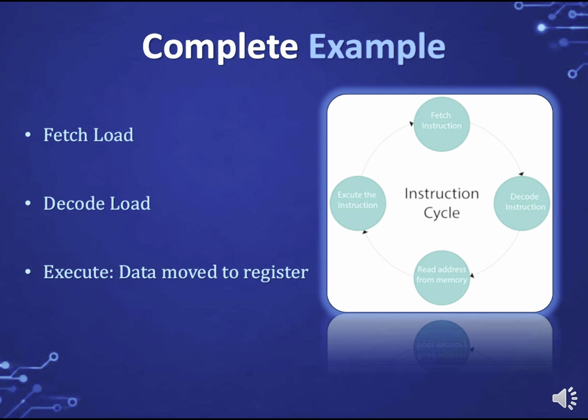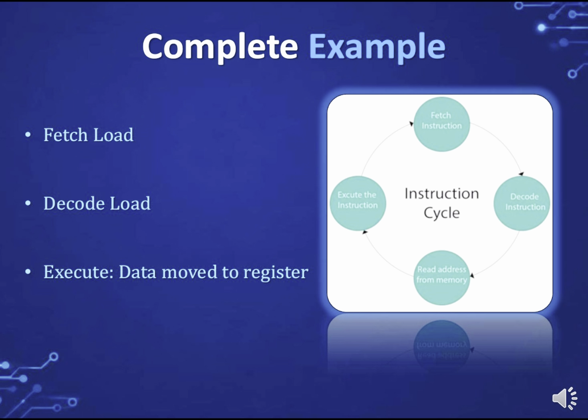Let's review the complete process. First, the CPU fetches instructions from the memory. Next, the control unit decodes the instruction to understand what action is required. Finally, the CPU executes the instruction by performing the operation.